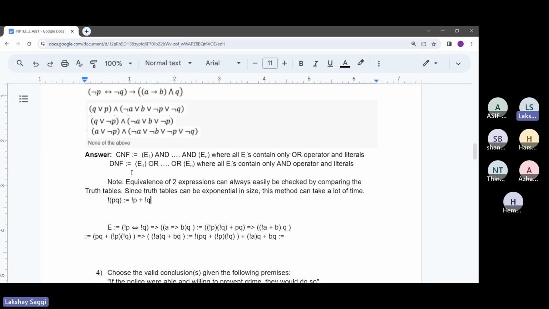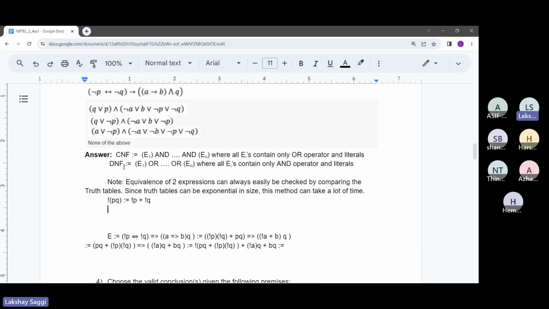Basically, it says that negation of P and Q is equivalent to negation of P or negation of Q. You can check this using the truth table also: if P and Q are both true, then this is false, and here also it will be false, and so on. I hope this has been seen in lectures.